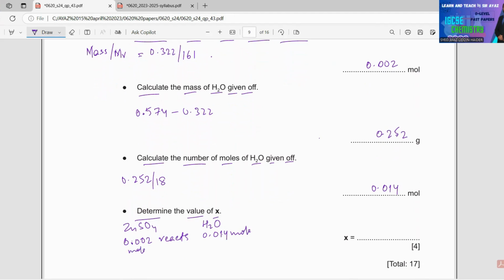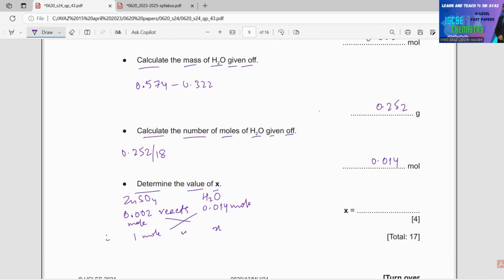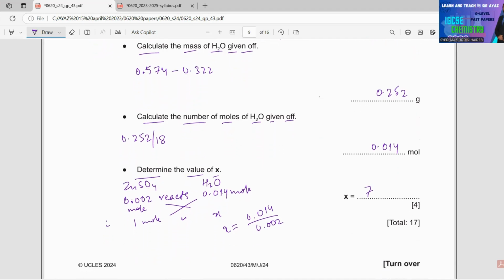This is also mole. Therefore, 1 mole reacts with X mole of H2O. Do the cross multiplication. X is equal to 0.014 divided by 0.002. So the answer is 7. So 7 must be the final answer for this one.